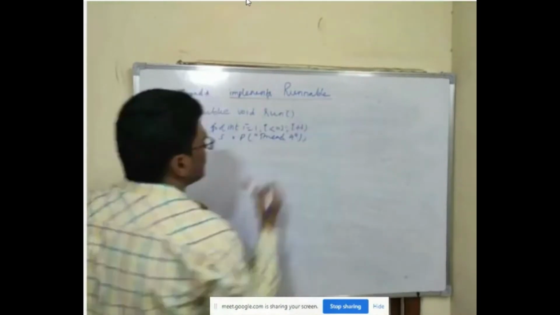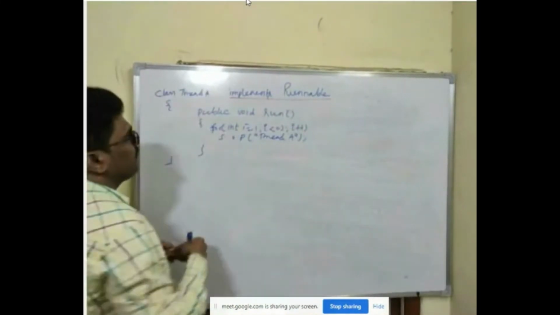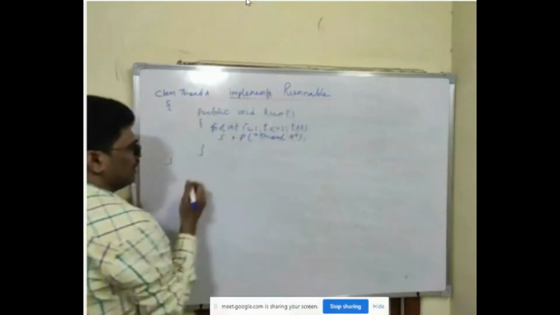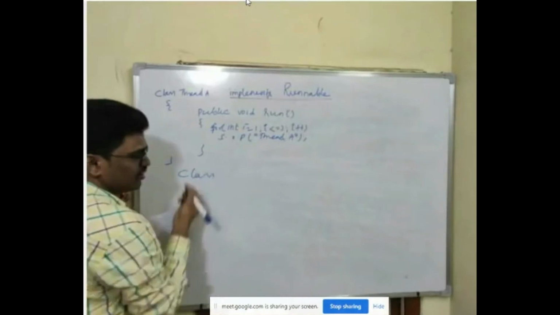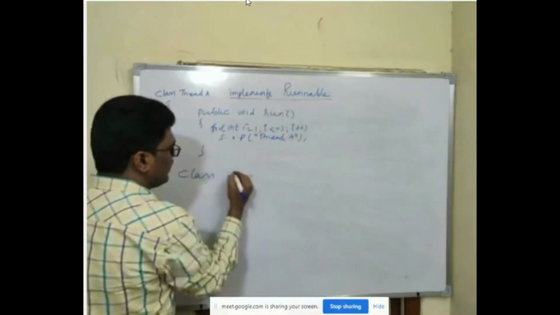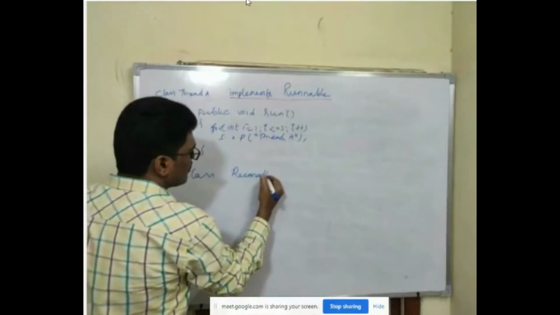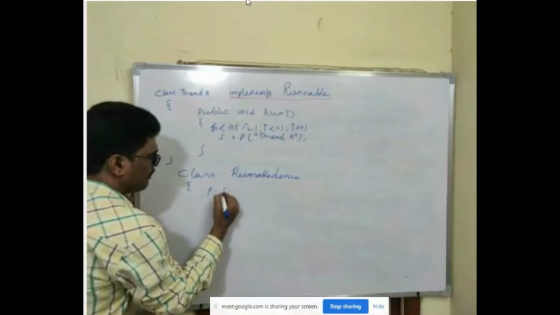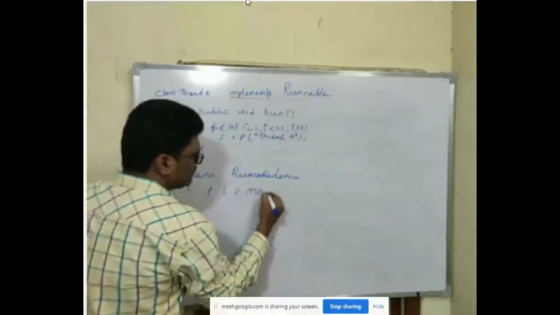Previously you wrote extends Thread. Now I am writing implements Runnable. Go to the main class. Here only you'll get the difference. Class RunnableDemo. Public static void main, String args.